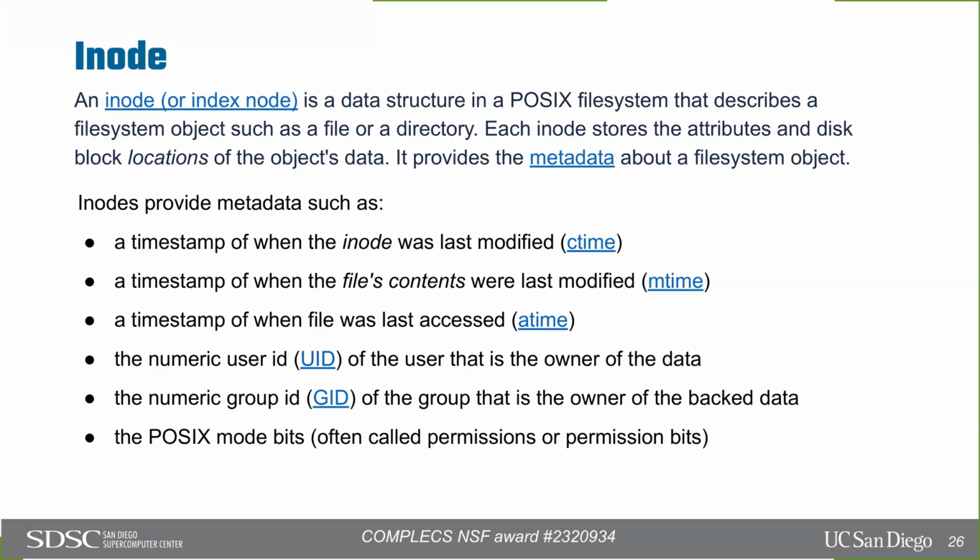So I've listed here some of the metadata that an inode provides. There's always a timestamp of when your file or inode was last modified, when the contents of the file were modified, the timestamp when the file was last accessed, the ID of the user who owns the data or the file or the directory.